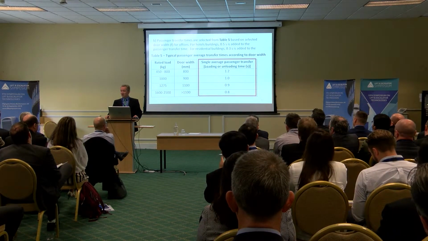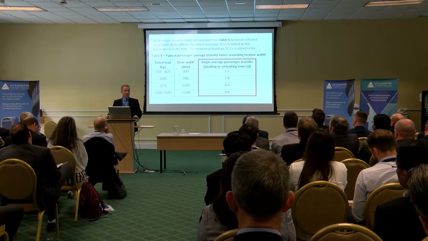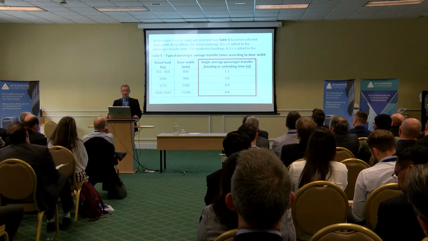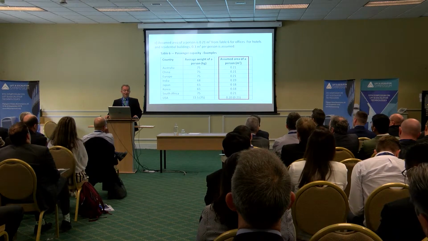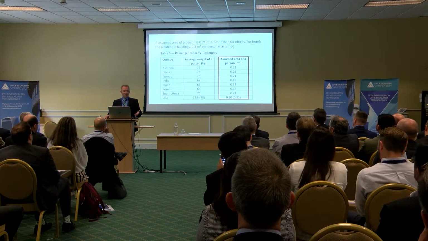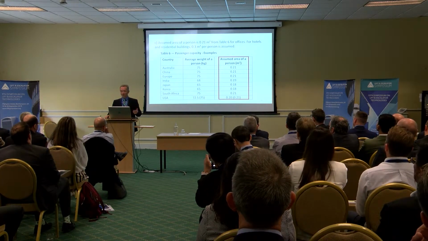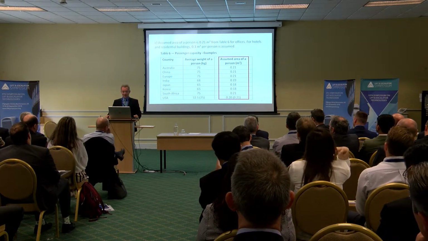We need to know the passenger transfer times according to the door widths, which are going to change. Gina's already talked about how much space a person takes in a lift.